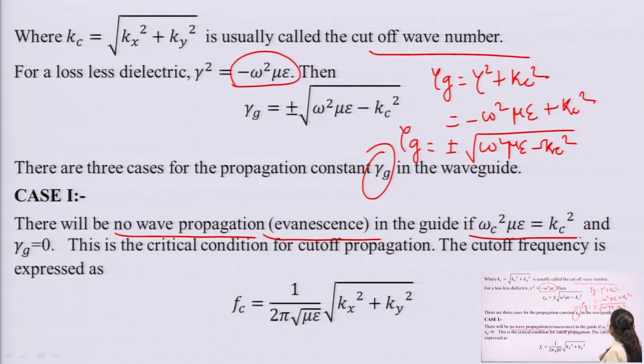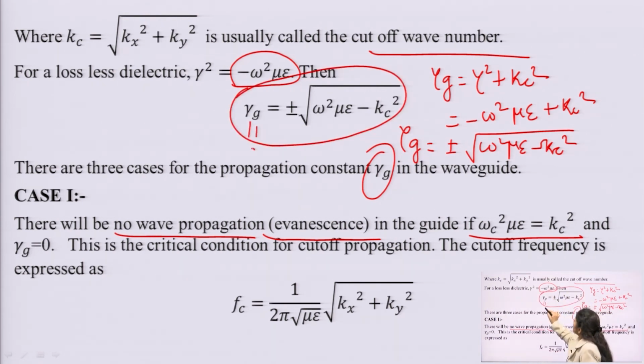So, what is the condition? Gamma_g will be equal to 0, and when gamma_g is equal to 0, we get omega squared mu epsilon equal to kc squared, and this omega will be replaced with omega_c, which gives our cutoff frequency.